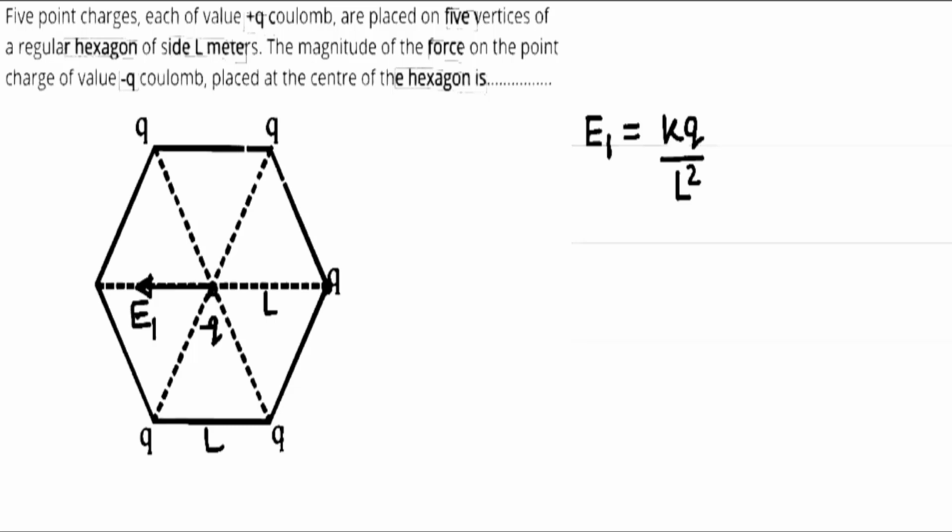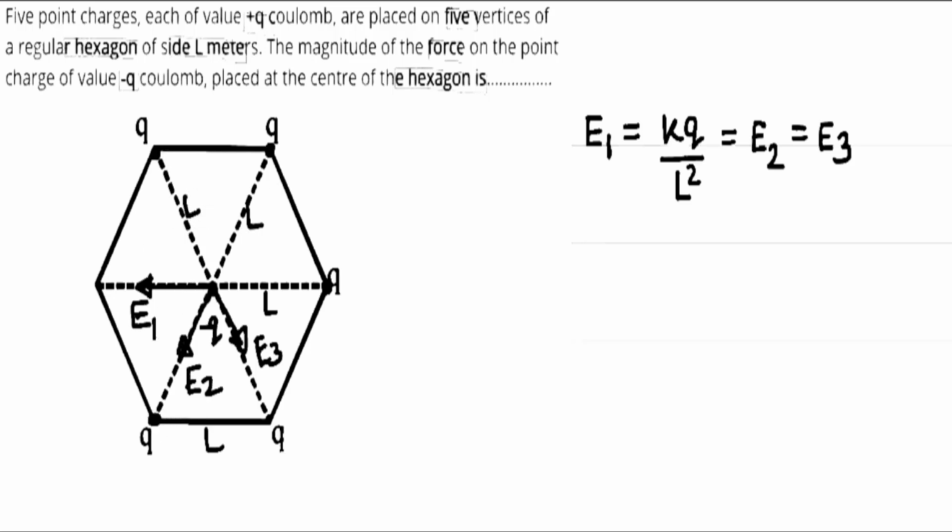Now the electric field due to this charge at the center will be in this direction. So consider this as E2. E2 is again equals to kq upon L square, because this length is also L. Now due to this charge, the electric field at this location will be E3, and E3 is also equals to k into q upon L square, because this length is also L.